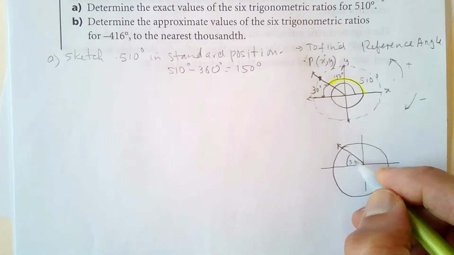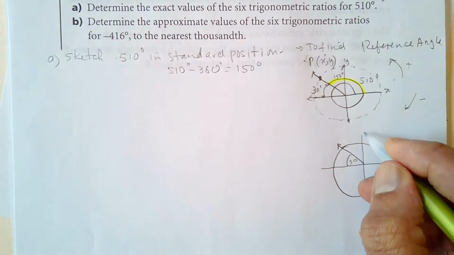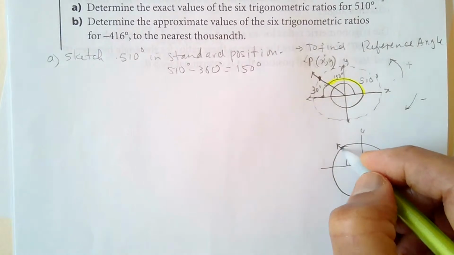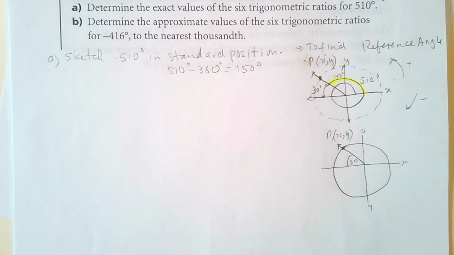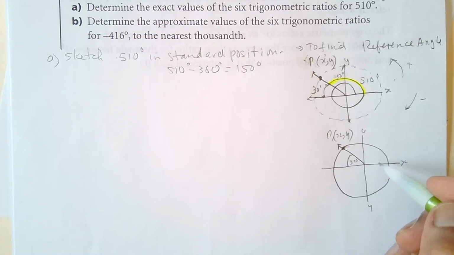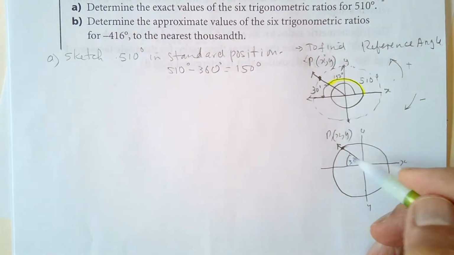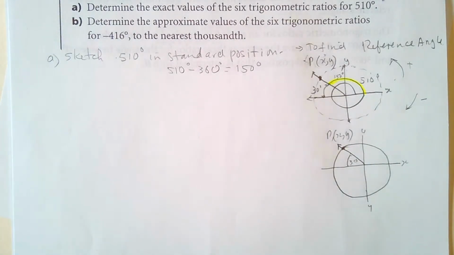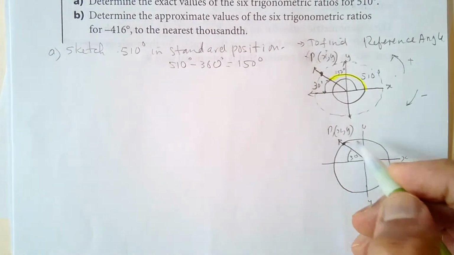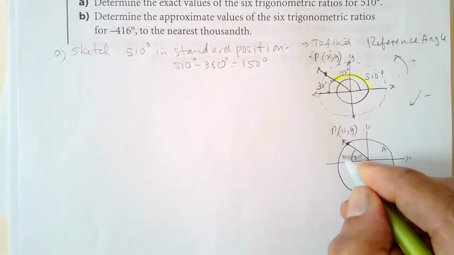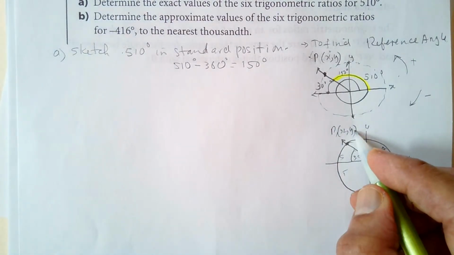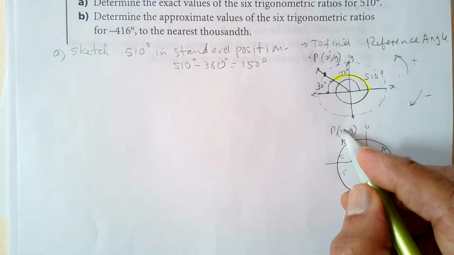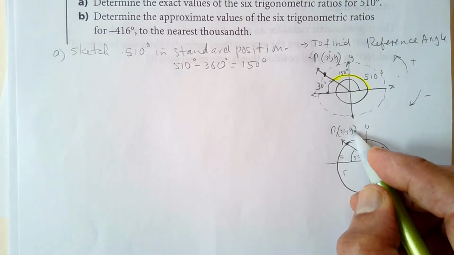This is 30 degrees, and this point here, P, X, Y. Essentially I'm using my reference triangle. Notice in quadrant 2, if you look at our CAST rule, the Y will be positive, the X will be negative. Your cos will be negative, your sine will be positive.